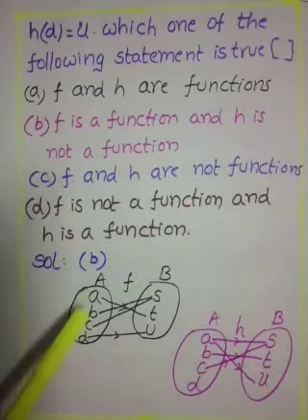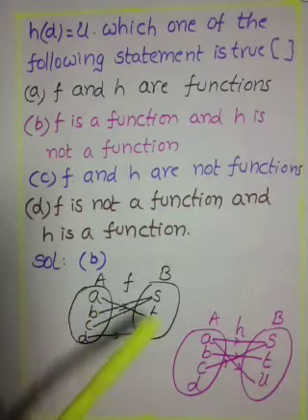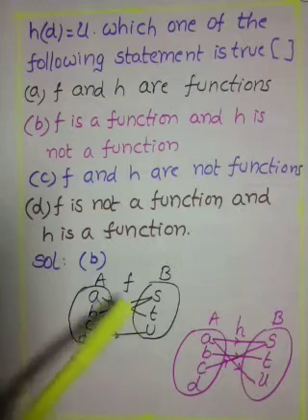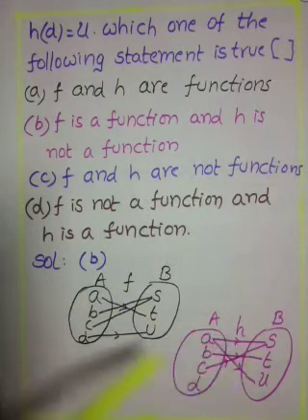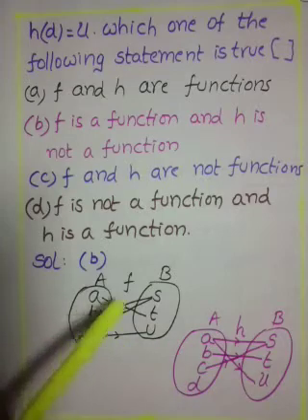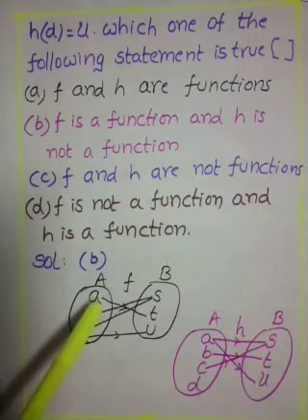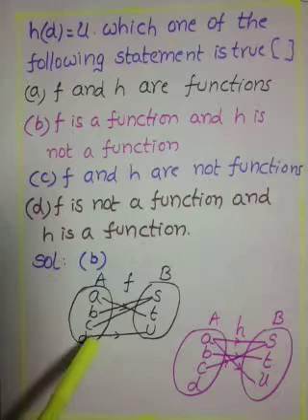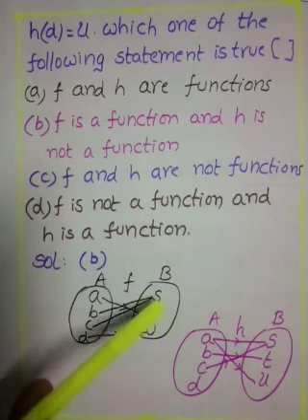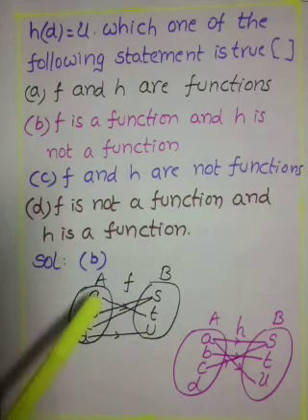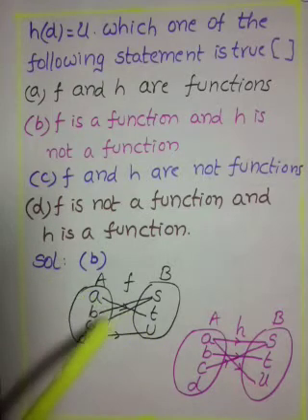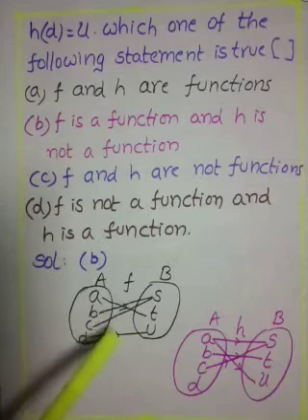I have shown the given data in the arrow diagram. Function f is like this and h is like this. If you observe here, in the function f, every element in the domain is associated uniquely with an element in B. Means from every element in the set A, only one arrow is drawn.